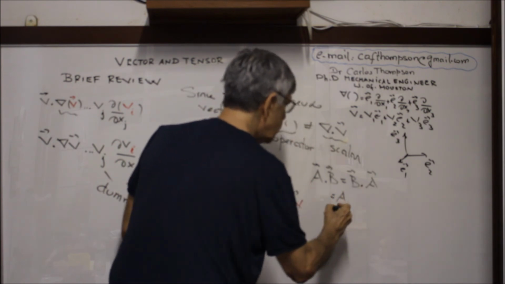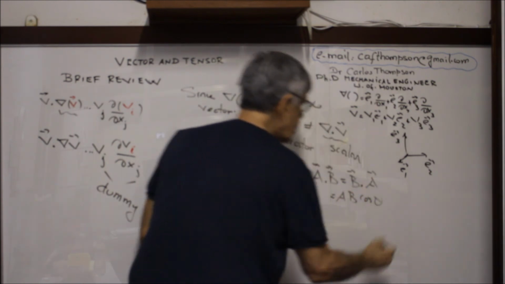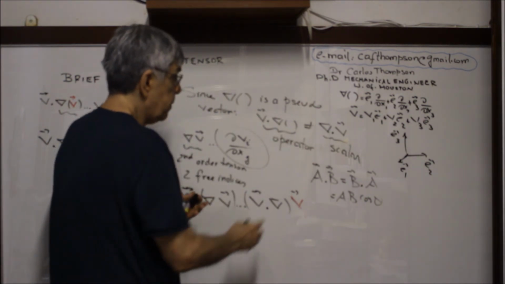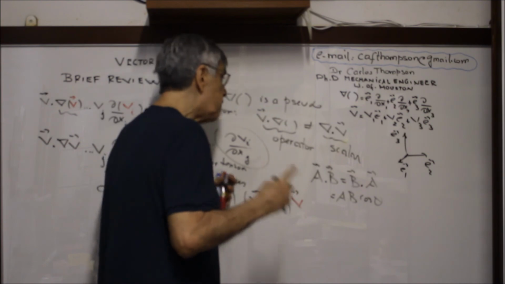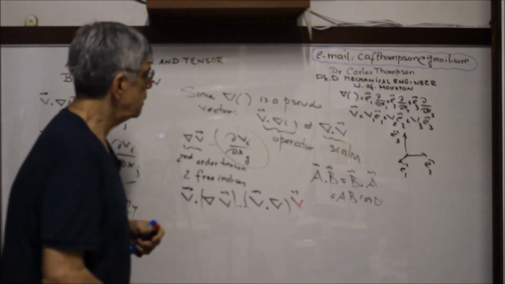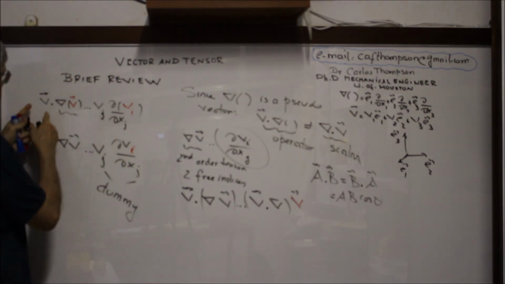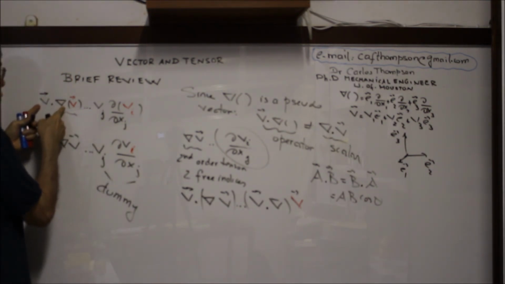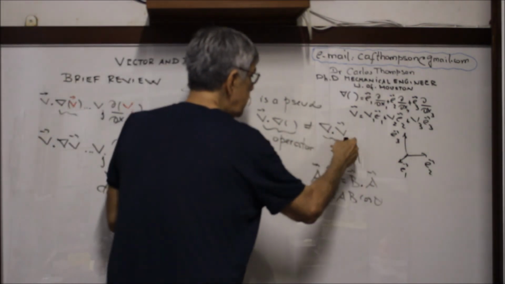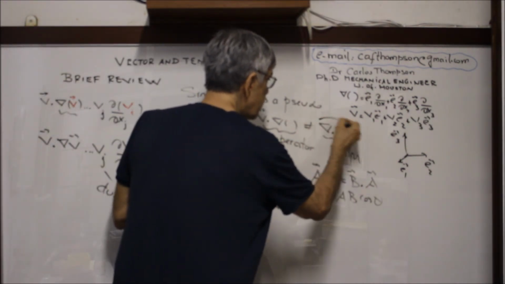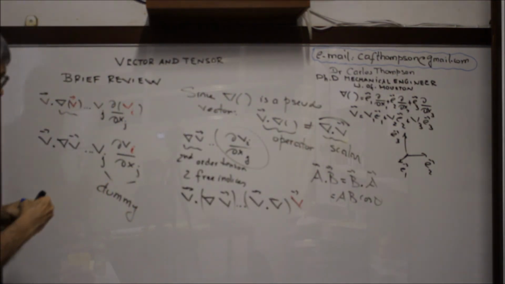Because it's the magnitude of A, magnitude of B, cosine of the angle between A and B. But this is not valid for this one. v dot nabla is an operator, and nabla dot v is the divergence. This is divergence. This is not divergence. Be careful on this.